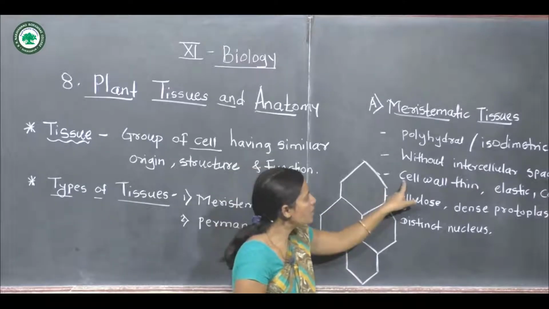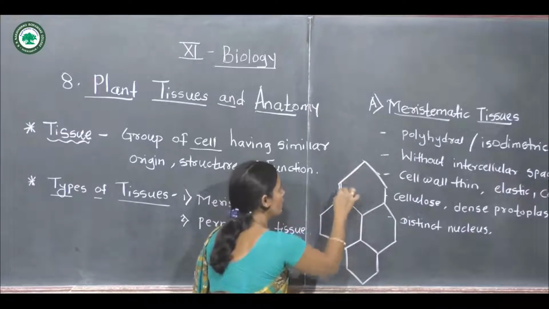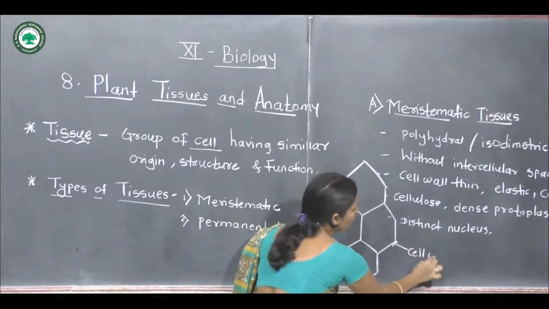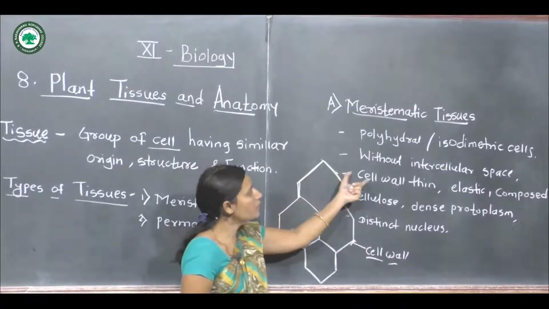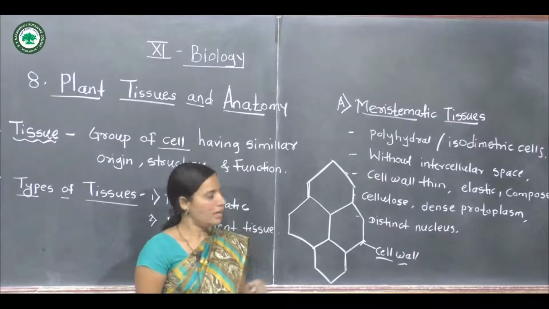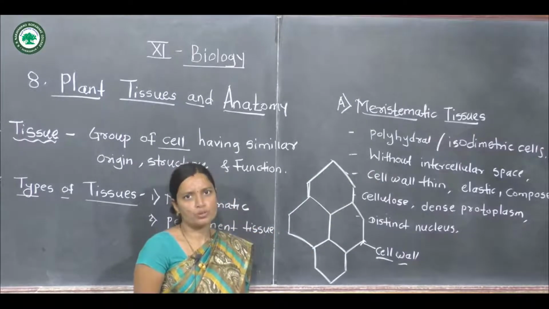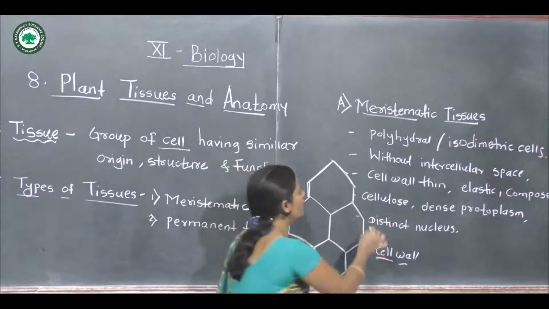Now the cell wall of this tissue is thin. The cell wall is thin and elastic. It is composed of cellulose, meaning the cell wall is made up of cellulosic material.